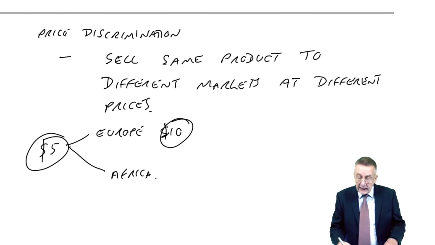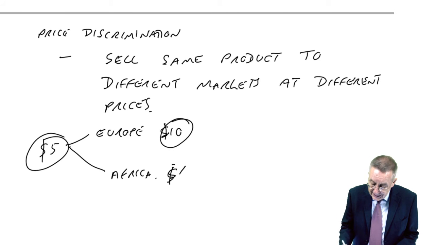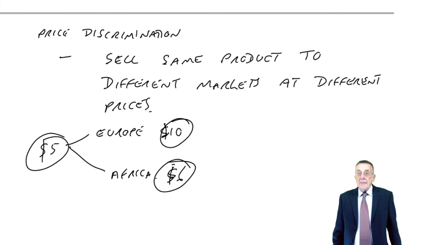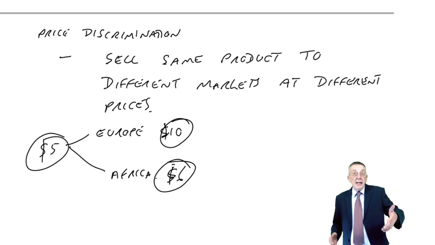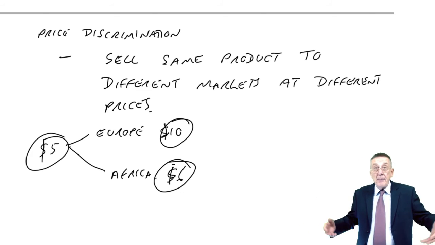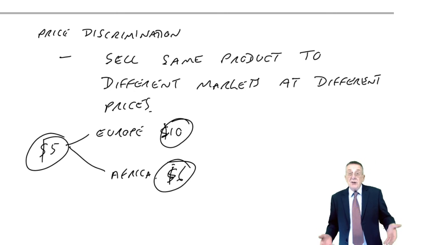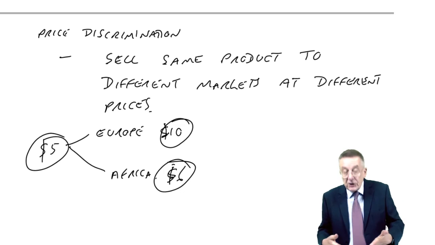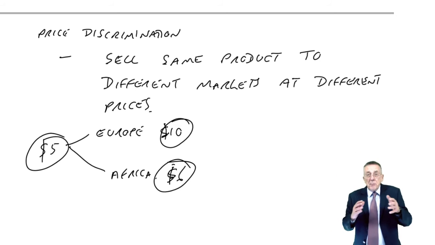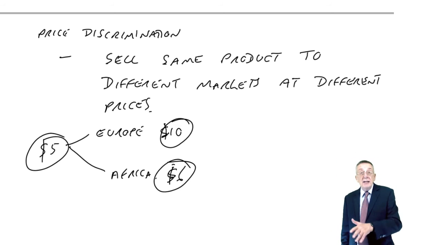And so perhaps in that country, I only charge 6. So I'm charging people what they can afford. If Europe can pay 10, charge 10, make a big profit. If Africa's 6, charge 6. Smaller profit. Very sensible. And that does happen. And that's geographical. You're selling the same product, but at different prices in different markets.